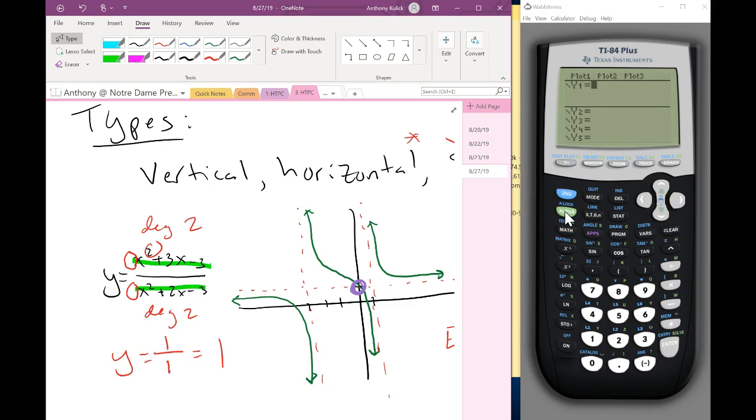To access the fractions option on your calculator, the fastest way is press alpha and y equals. The one I want is just numerator over denominator. And then I can type this in exactly as it looks on my sheet of paper, which is nice because I don't have to monkey around with a bunch of parentheses or anything.